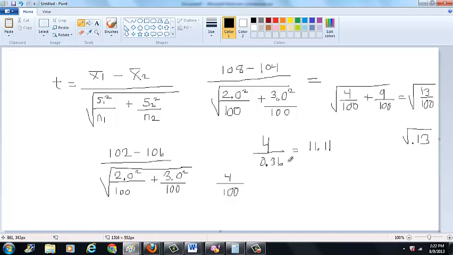Which was 0.36. And the top this time is going to be 102 minus 106, which is negative 4, over 0.36, which comes out to negative 11.11.